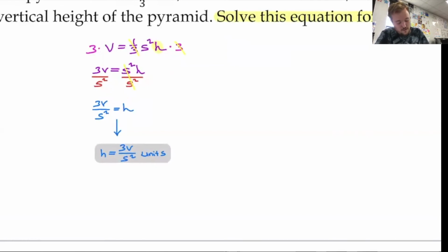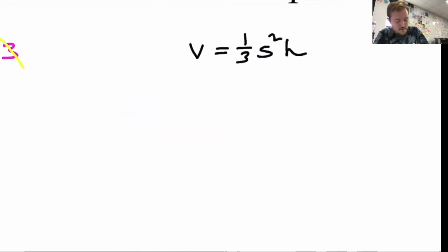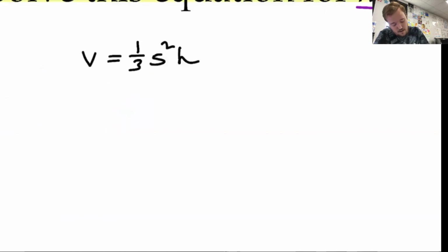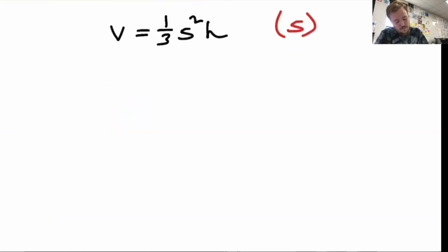Just to kind of put a bug in your ear, I'm actually going to do this equation again, but now I'm going to solve for s. I just want just the side length. There's a reason I'm going to do this one, and you'll see. I'm going to start the same way. I'm still going to multiply by 3.